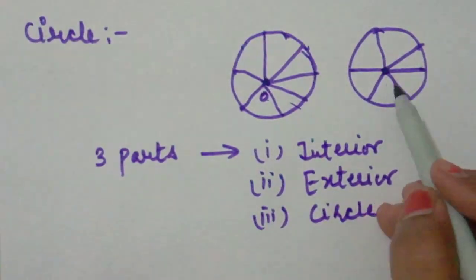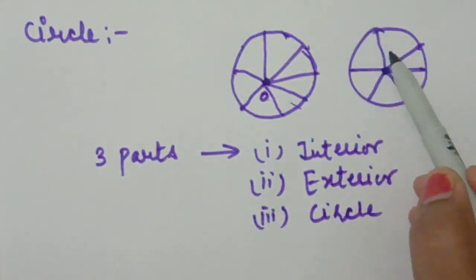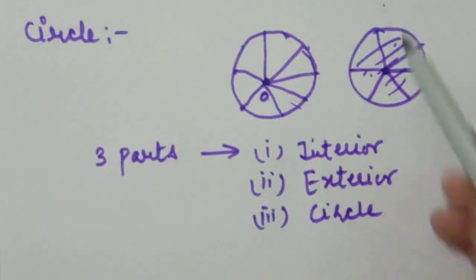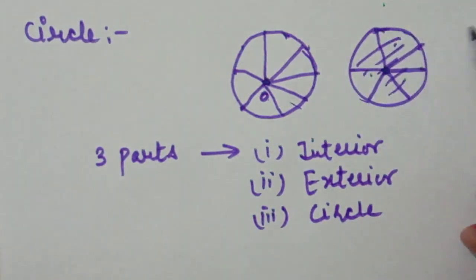So this circle divides the plane into 3 parts. First is the interior part, which is this interior part. Second one is the exterior part, and third one is this boundary, the circumference of the circle. So the definition of the circle is the collection of all the points in a plane which are at a fixed distance from a fixed point in the plane, and a circle divides the plane into 3 parts.